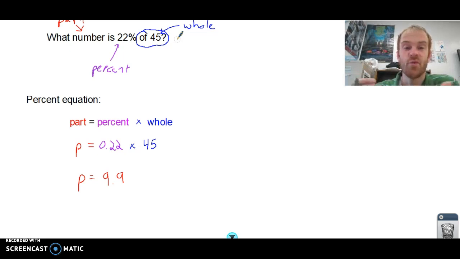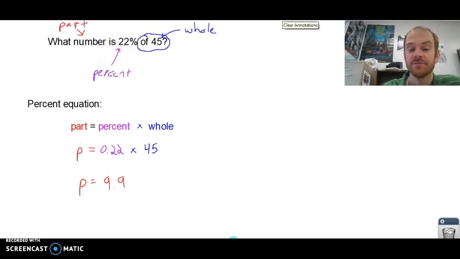I'm asked for 22%. So I can think about that and know that my number is going to be less than 45. And in fact, if I know that 50% is like half, then the number I'm looking for in this case is actually going to be less than half of that number. Less than half of 45.